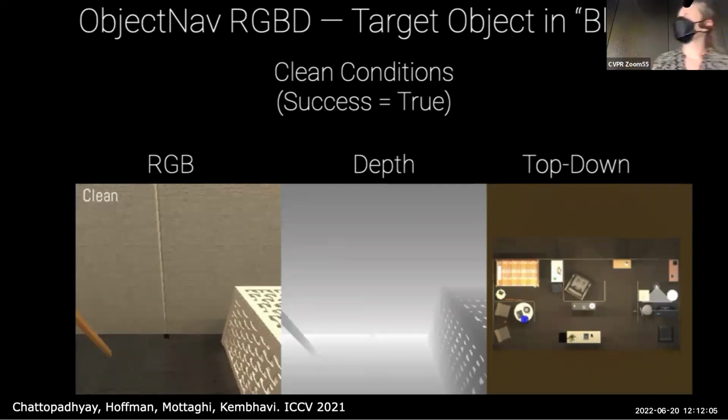And once you change some of the input visuals, even something as simple as changing the lighting conditions can make the agent have difficulty navigating to the point of interest. And for some corruptions, it could fail entirely.